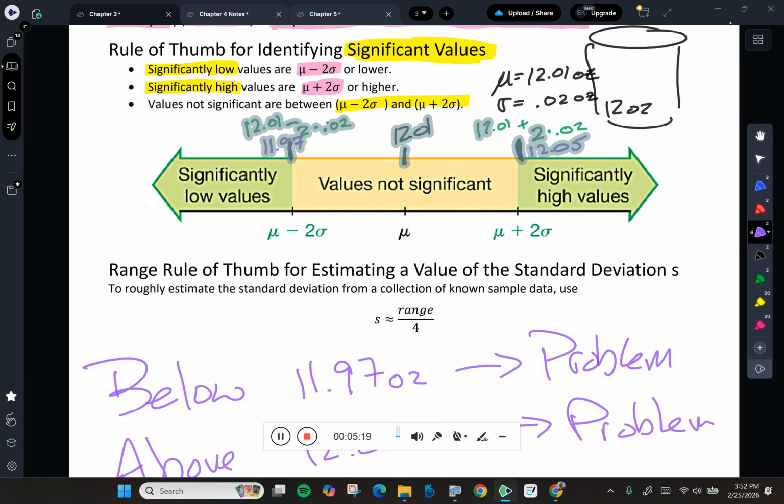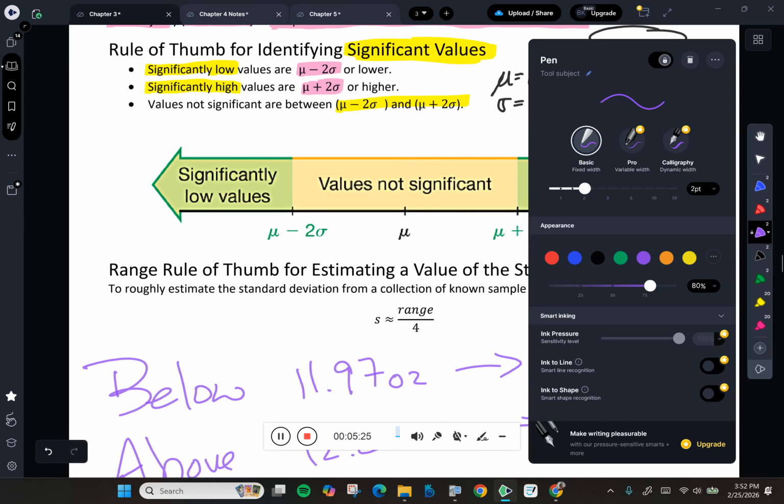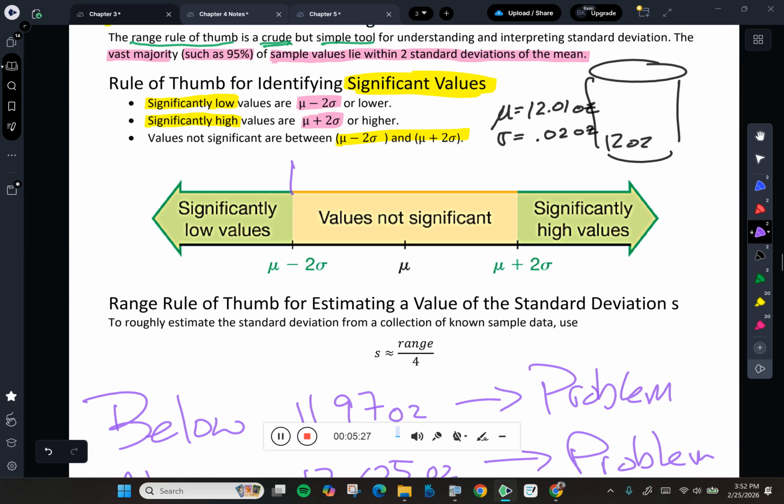But if we're going with the percentages, there's a 95% chance that if I grab a can, it should fall into that range right there. Which means there's only a 2.5% chance and a 2.5% chance of getting a can that is significantly low or a can that is significantly high.